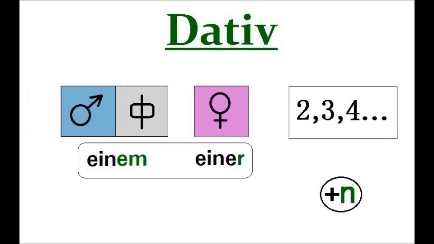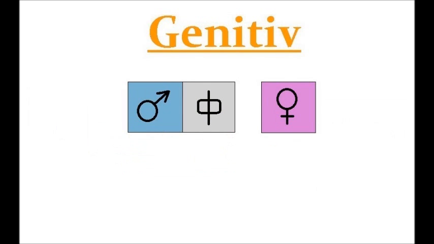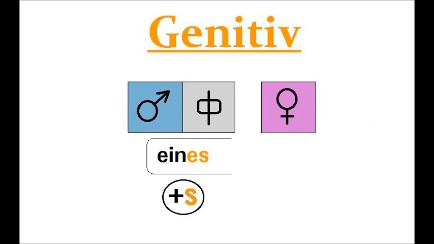And the same similarities apply to the possession case. The genitive article for male and neutral nouns is eines. Remember that you have to add an s to the noun. The female article is einer.